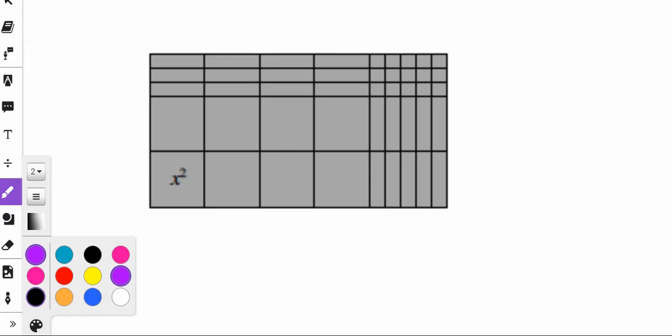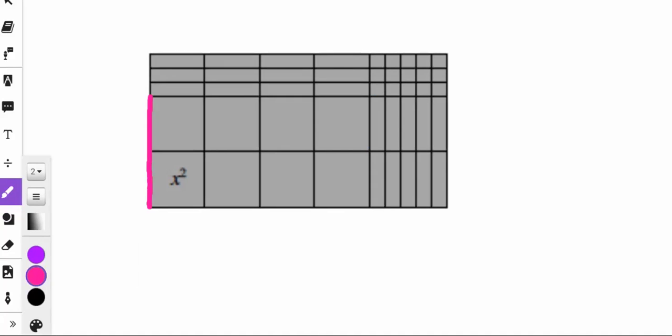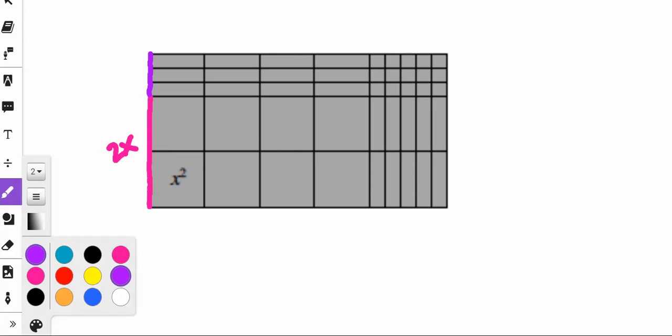So in this situation, this whole section here is 2x because you have this x and this x. And then this section here, each of these is 1, and we have 3. So the whole thing here is going to be 2x plus 3.